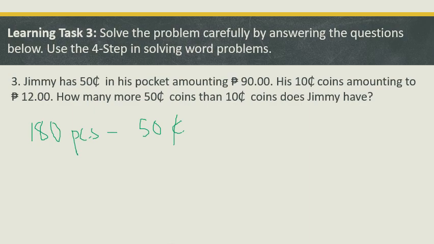Then, ang 10-cent coins naman niya, pag tinotal-total ay 12 pesos. So, syempre, para makabuo ka ng piso, ilang 10-cent coins ang kailangan? 10. Kailangan ng 10 pieces ng 10 cents para makabuo ng piso. 12 pesos. So, kailangan mo ng 120 pieces para makabuo ka ng 12 pesos na pag tig 10 cents.